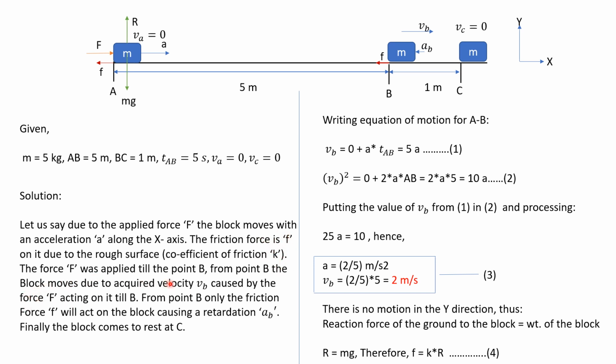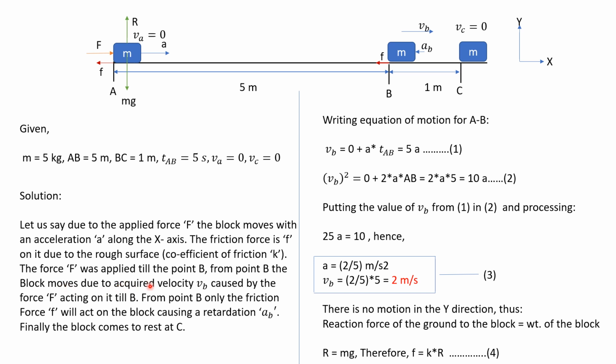The force F was applied from A to B. From point B, the block moves due to the acquired velocity VB, because it had a net acceleration in this direction till the time the force F was applied. So it has acquired a velocity VB at point B, and from there F was lifted, which means F stops working from point B.